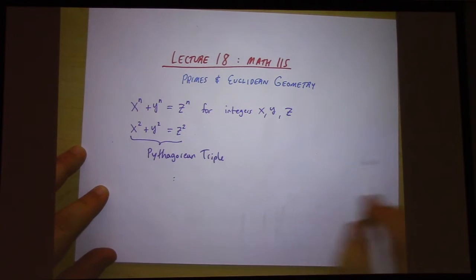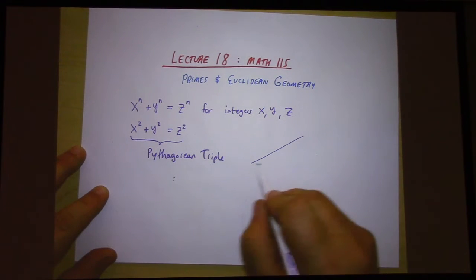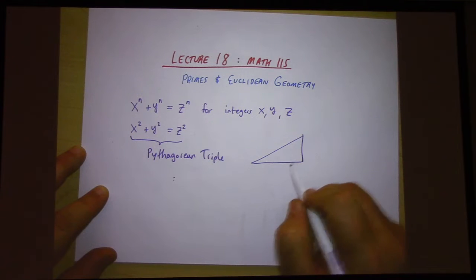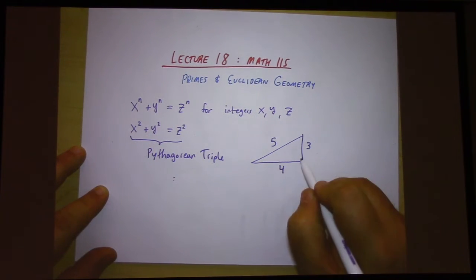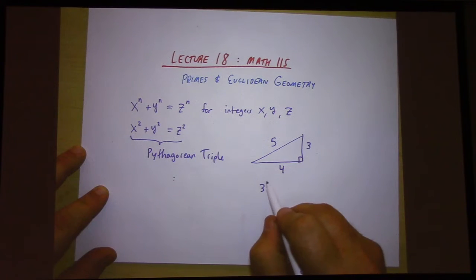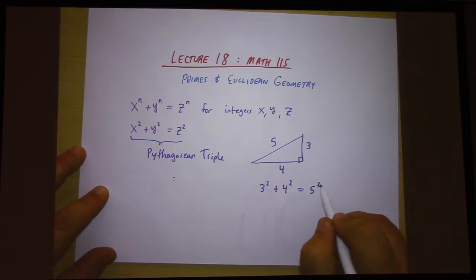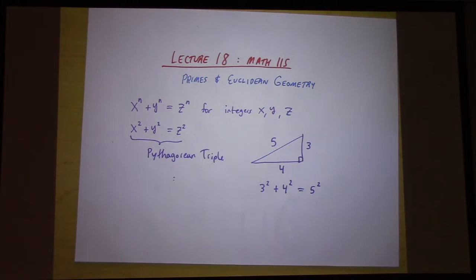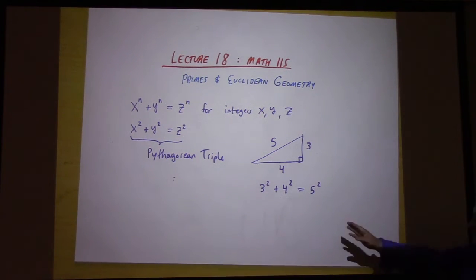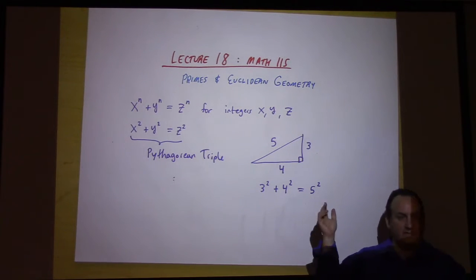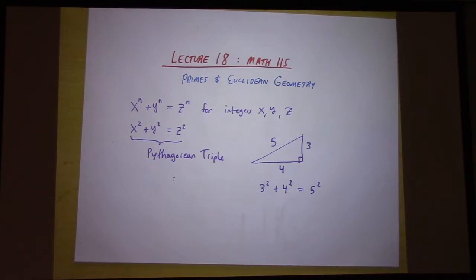So for example, if you have a triangle, have you guys ever heard of the 3, 4, 5 triangle? If it's a right triangle, you notice that 3 squared plus 4 squared equals 5 squared. Do you guys agree? 9 plus 16 is 25. Did you know that if you know that triangle works, you can take that triangle and rescale it?